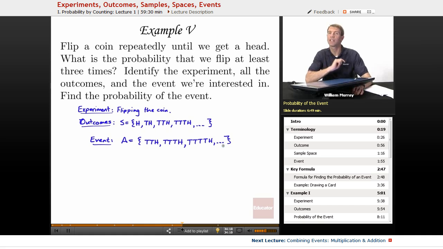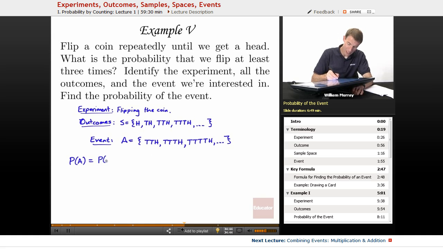Unfortunately, we can't do this one by counting because we have an infinite number of outcomes in our event. We have an infinite number of outcomes that can happen from the experiment. So we can no longer use our counting formula from before. So instead, let me introduce a new way of calculating it. Our way of calculating the probability is we can add up the probabilities of each of these individual outcomes in our event.